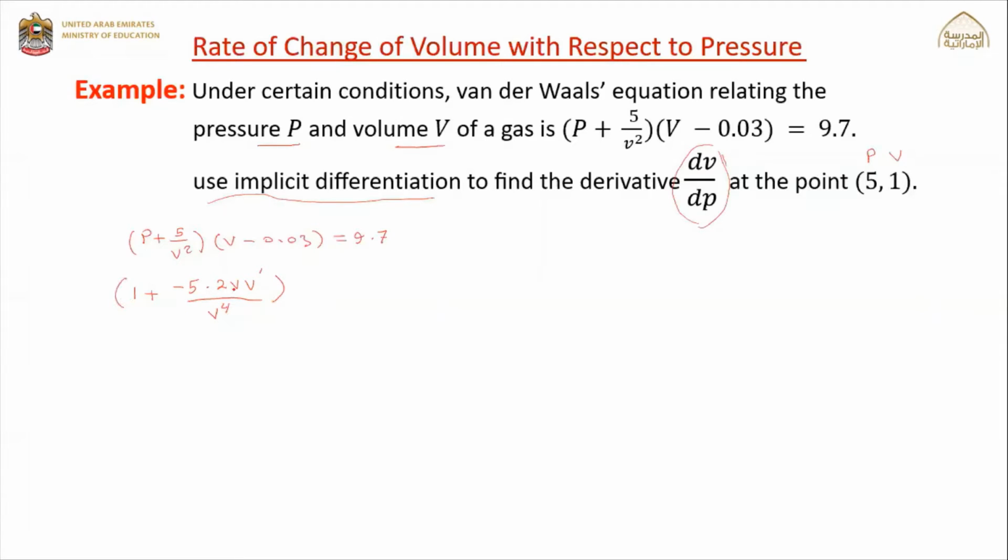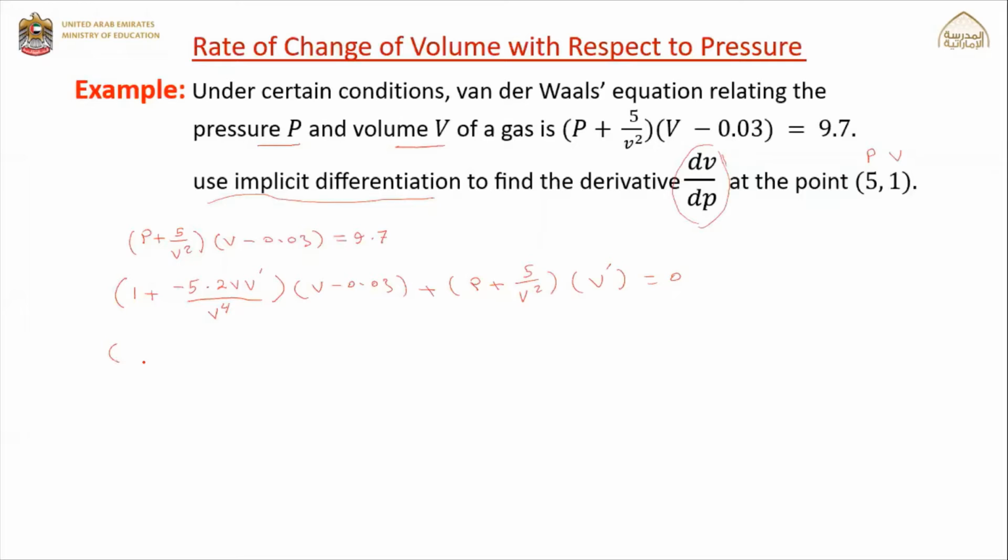So this is the derivative for the first term, times (V - 0.03), plus the first term is the same, (P + 5/V²), times the derivative of the second term, which is V', equal to the derivative of 9.7, which is 0. Now I will do some simplifying here.